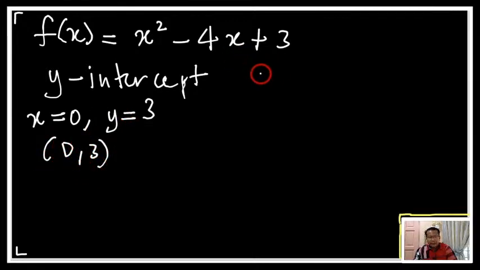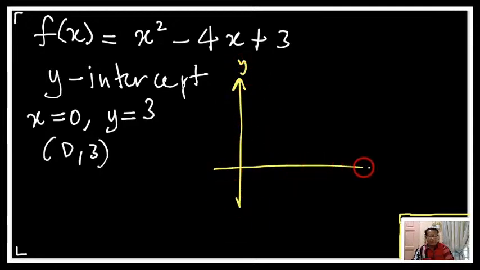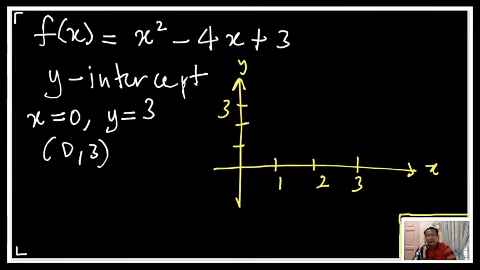If you plot the graph, this is the y-axis, this is your x-axis. So maybe 1, 2, 3. The first one is (0, 3). So this one, 1 point.